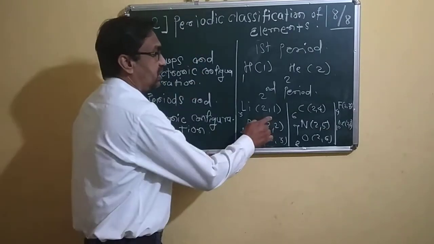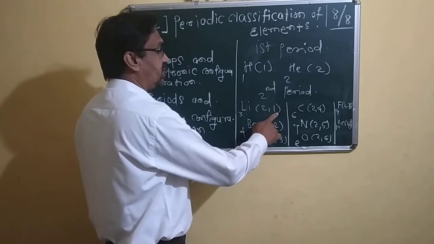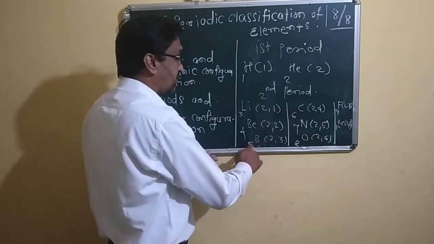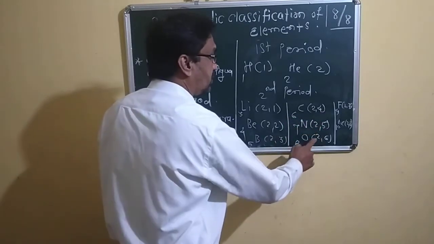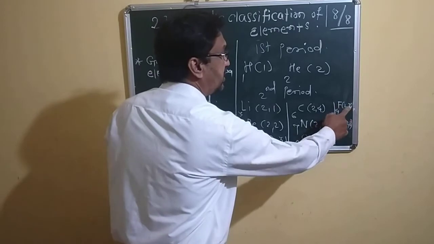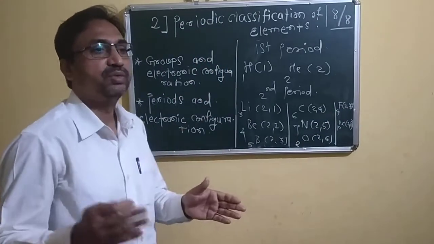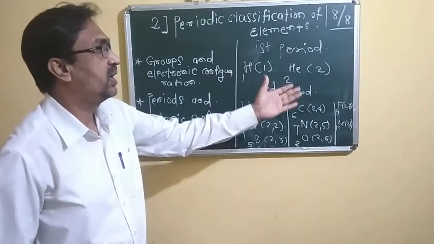Here we can easily see that in lithium, the outermost electron is 1. Beryllium, the outermost electron just increases by 1, that is 2. Boron, it is 3. Carbon, it is 4. Nitrogen 5. Oxygen 6. Fluorine 7. And neon is 8. So 1, 2, 3, 4, 5, 6, 7, 8 just increases by 1 from left to right.